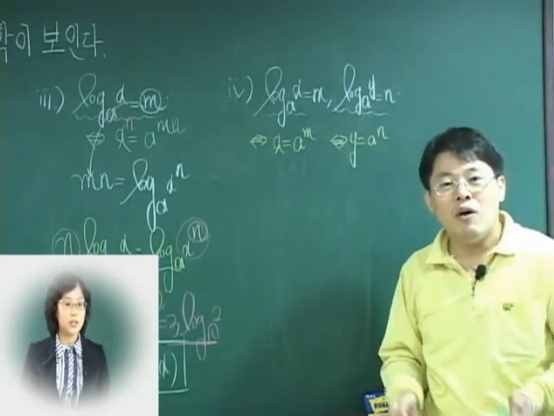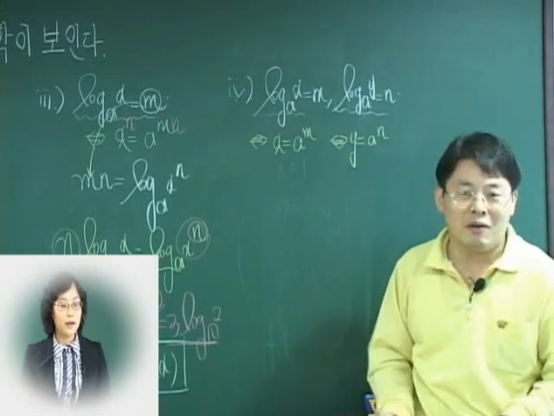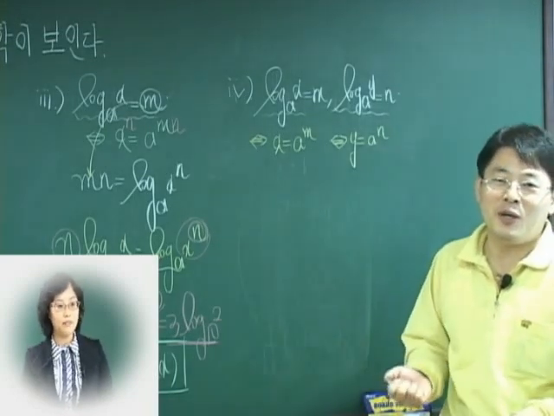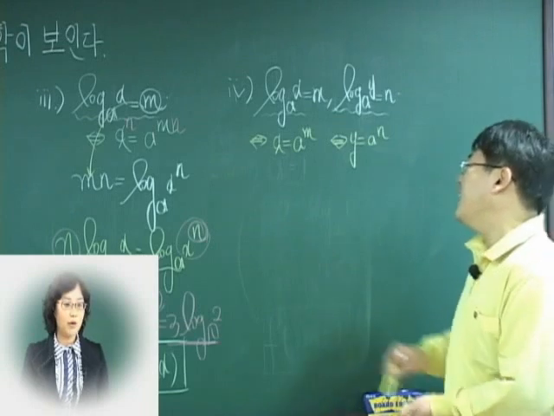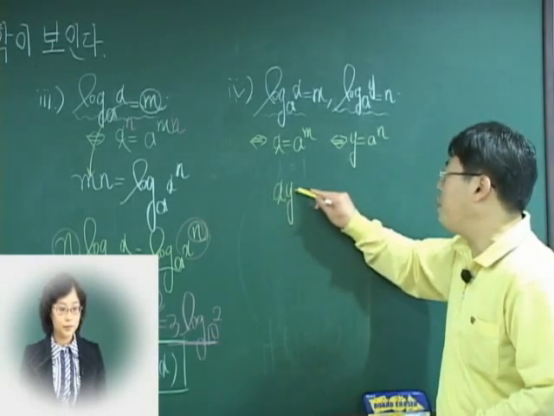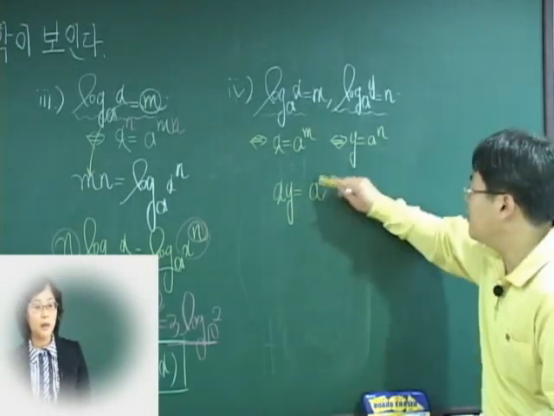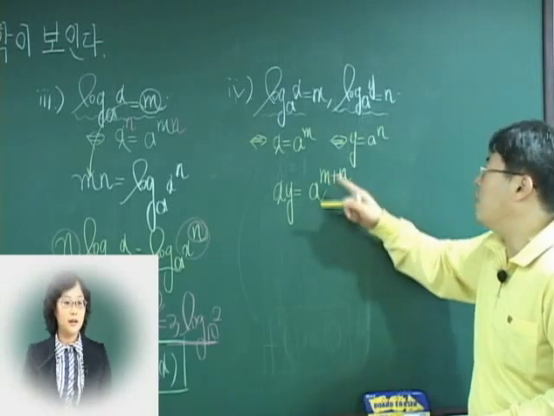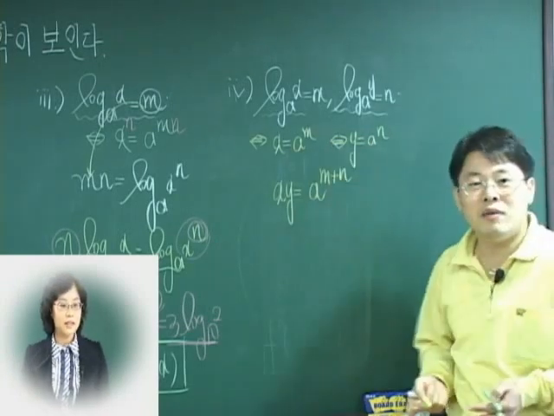Since there are two equations, could we multiply or divide? xy equals a to the m plus n power, since the base is the same.